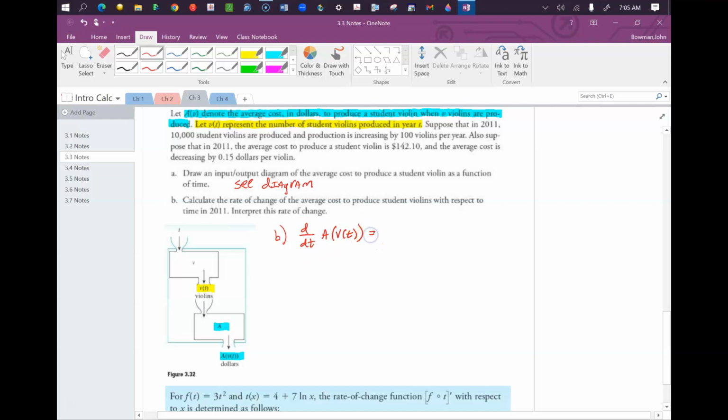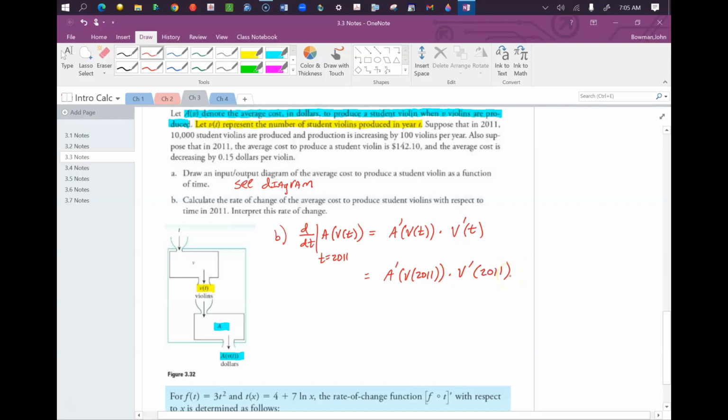Okay, so we're just going to use our rule up at the top, and our rule up at the top says A prime of V of t times V prime of t is what we need to find. And we are going to evaluate that at t equals 2011. So let's write a few things down. This is going to be A prime of V of 2011 times V prime in 2011.